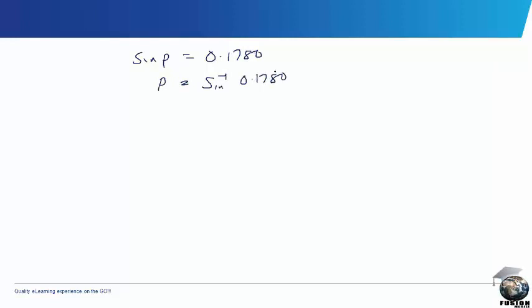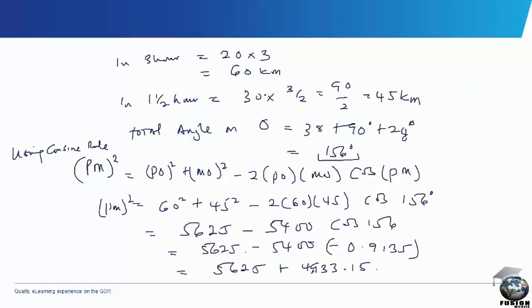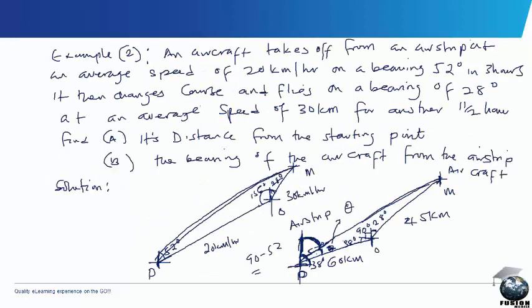Which will give us 10.25. So the angle theta is equal to 10.25 degrees. And so to find the bearing, we add 38.